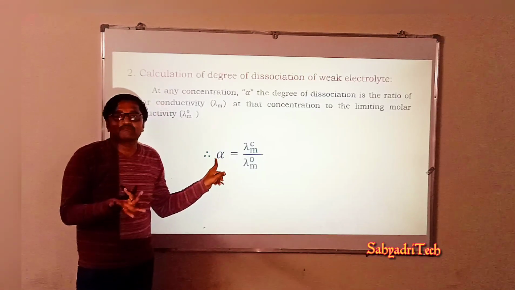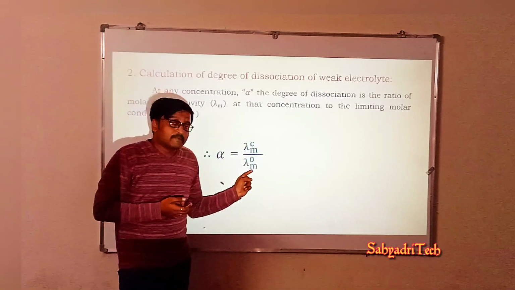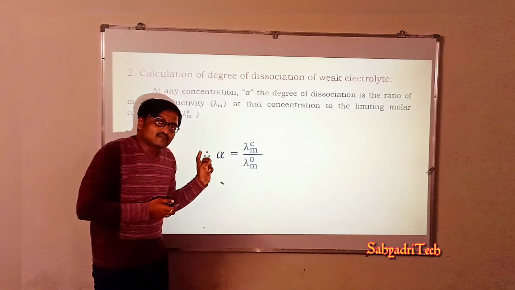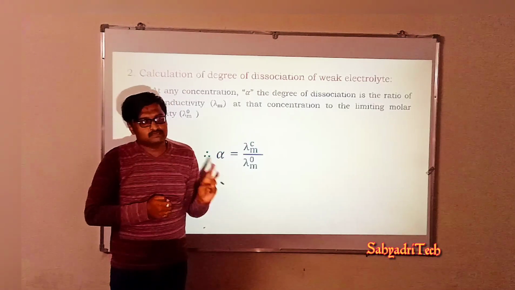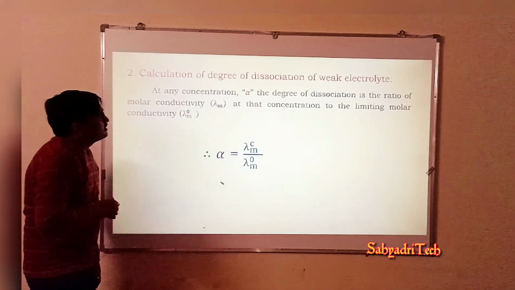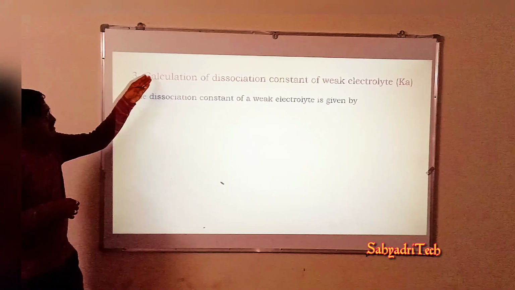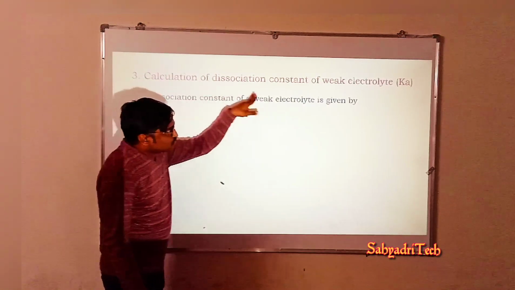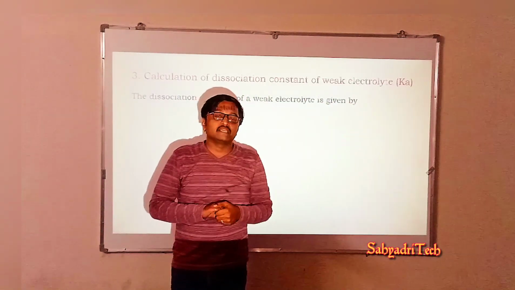So it's the second application. By knowing lambda Cm and lambda naught m, one can calculate alpha, the degree of dissociation. This is the second application of Kohlrausch's law. Then coming to the third one: the calculation of the dissociation constant of a weak electrolyte, that is Ka.